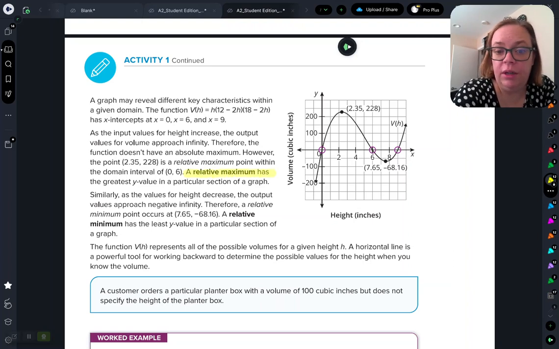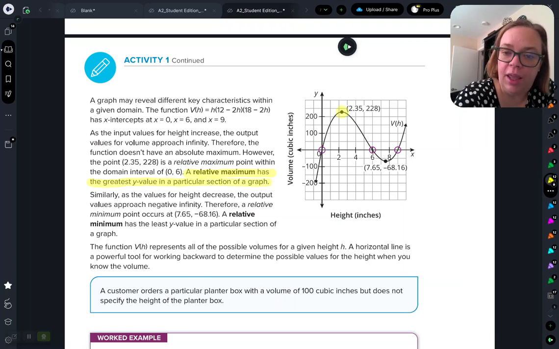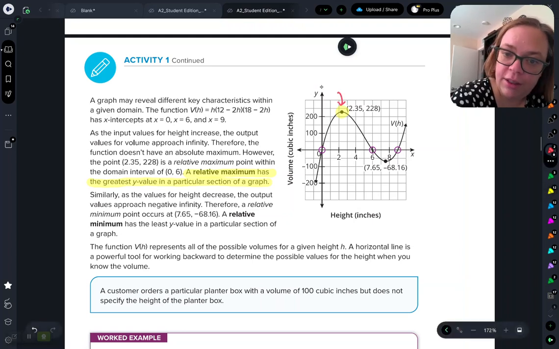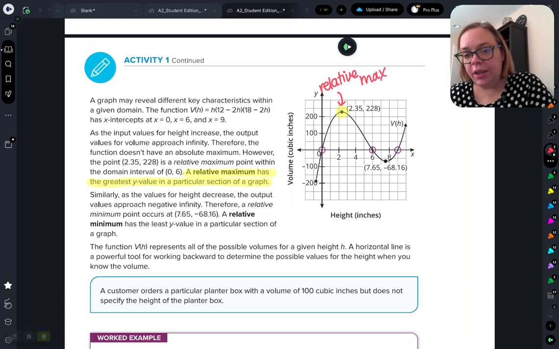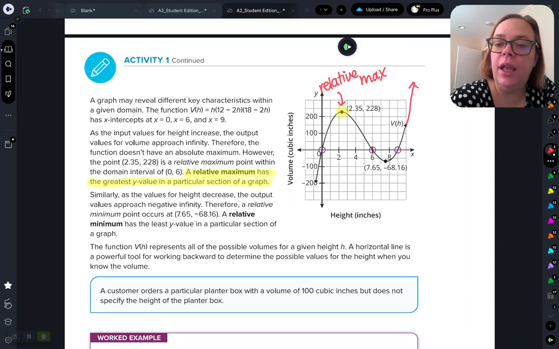A relative maximum is the greatest y value in a particular section of the graph. I think of it like the top of the hill. So this right here is your relative maximum. We don't say absolute maximum because it is not the highest point on the entire graph. And that is because of this arrow here saying we're going to keep going up. But it's the highest in that section, and that's an important point.